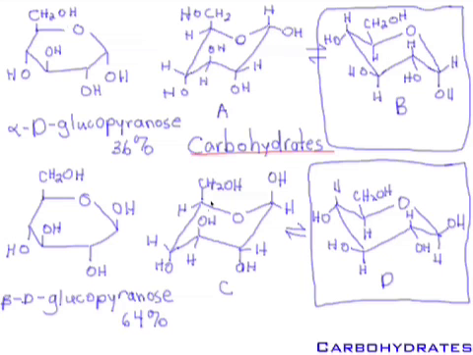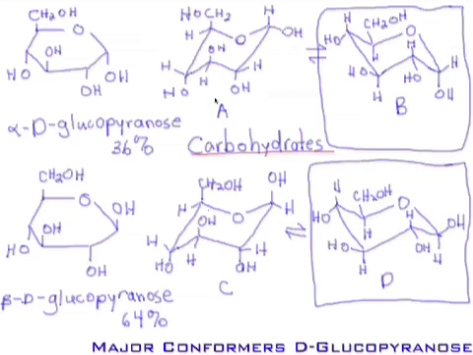Now this distribution could only be rationalized if we converted the Haworth projection formula into the chair conformers. And these are the chair conformers we drew last time. For alpha D-Glucopyranose, we were able to draw structures A and B. Structures A and B are just different ring flips of the same chair conformer.